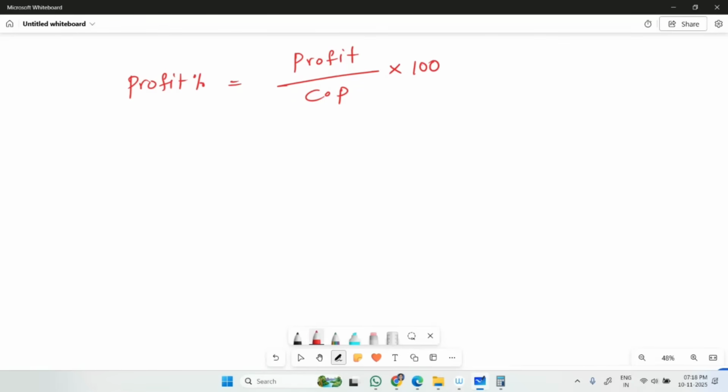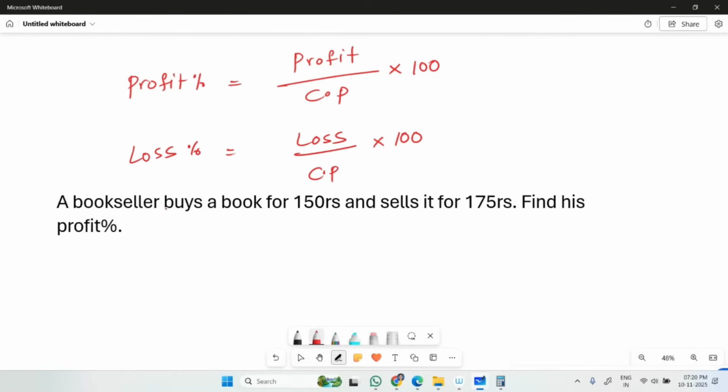Okay, to find out loss percentage, again loss by cost price times 100. Okay, let's see some questions here. Okay, the question is, a bookseller buys a book for 150 rupees and sells it for 175 rupees. Find his profit percentage.